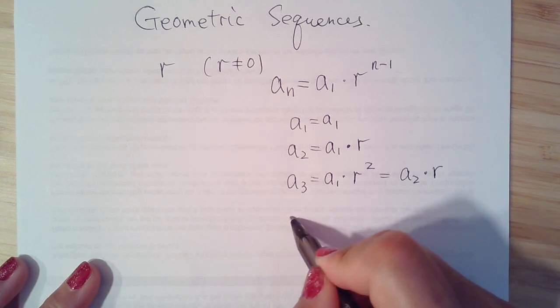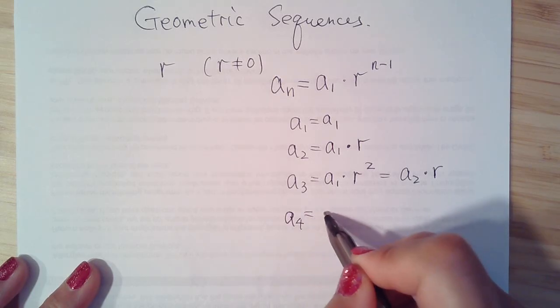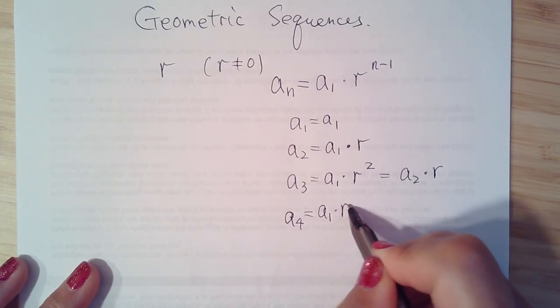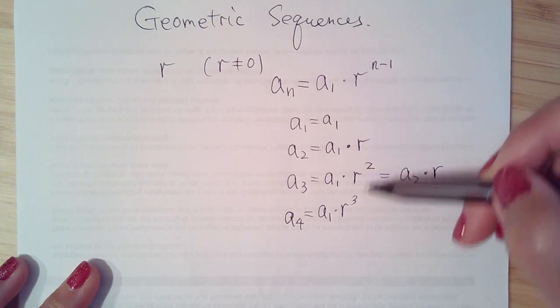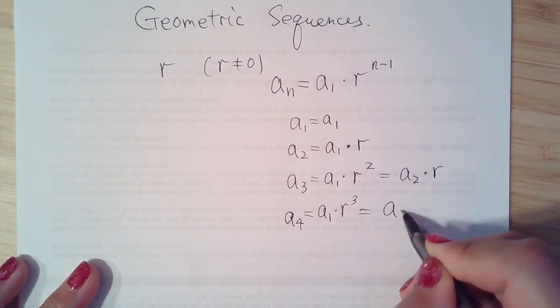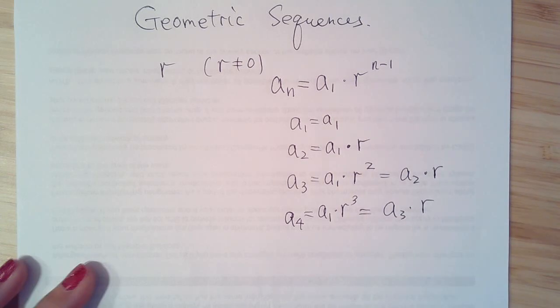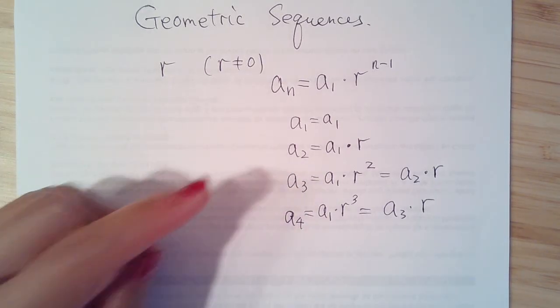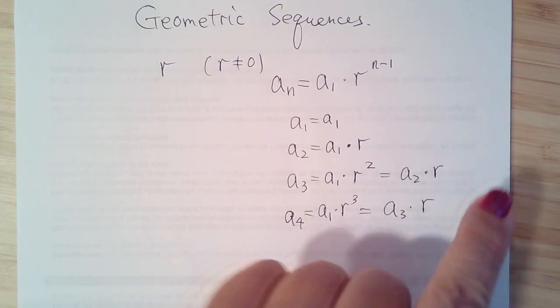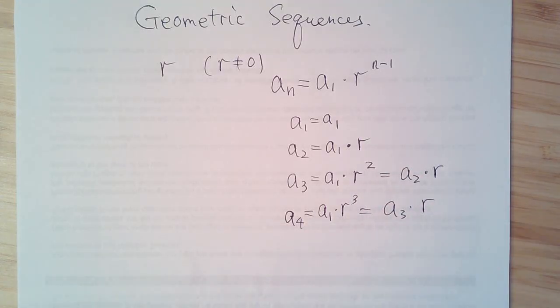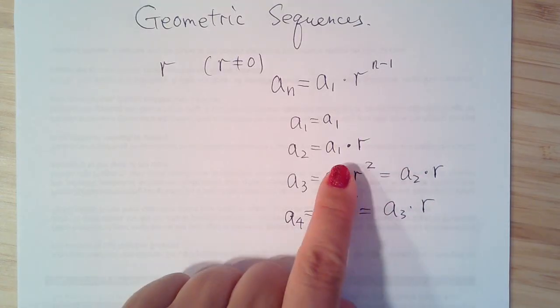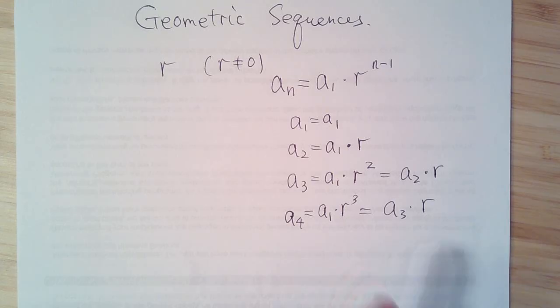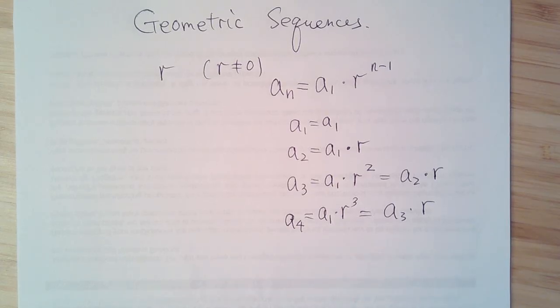And of course, a_4, you can either use a_1 times r cubed, so each time it's multiplied by r, or you can do a_3 times r. It's the same thing, so you just keep going. For the arithmetic sequence, each time we just add d, add d, add d. And this one, we multiply by r, multiply by r, multiply by r.